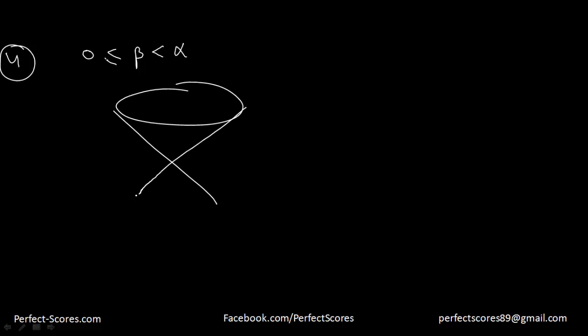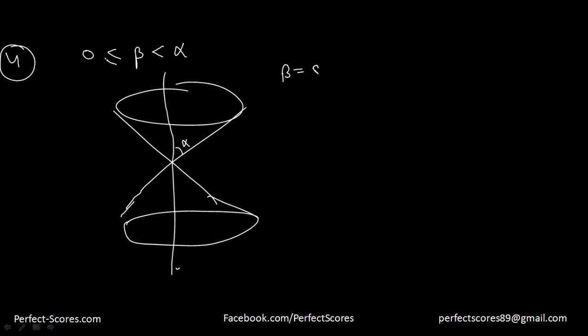And the fourth kind of cut is when, now we have already done the case where angle beta was greater than angle alpha. Now if we make a cut where angle beta is less than angle alpha, but making sure that they're both positive or equal to 0, they're not negative angles. Now in that case, let's suppose I make a cut like this. In this case, beta is going to be a pretty small angle, which means I'm going to make a cut like this.